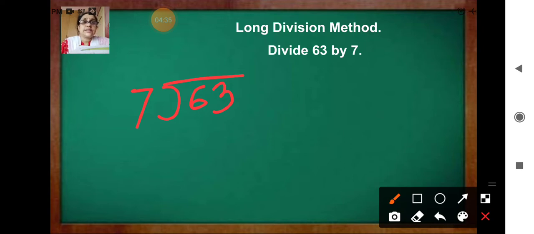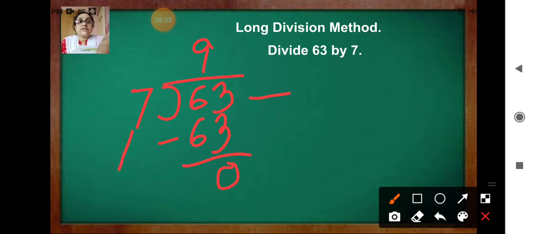Then quickly you can say what you have to multiply with 7 to get 63. 7 nines are 63. Okay, like this. And then after subtracting, what are we getting? We are getting 0. So 9 is the quotient. Okay, 9 is the answer. And 63 is the dividend, 7 is the divisor, and 9 is the quotient.